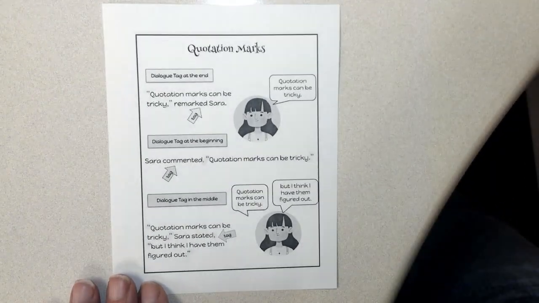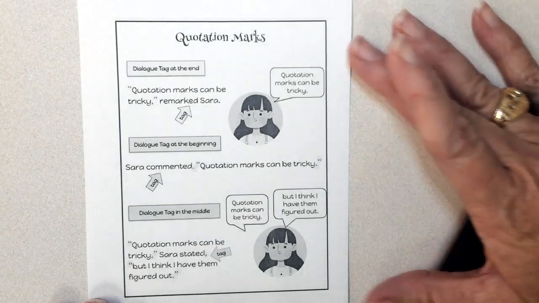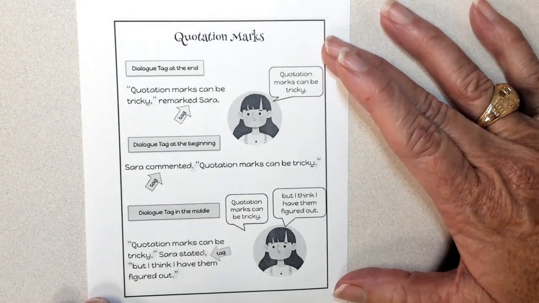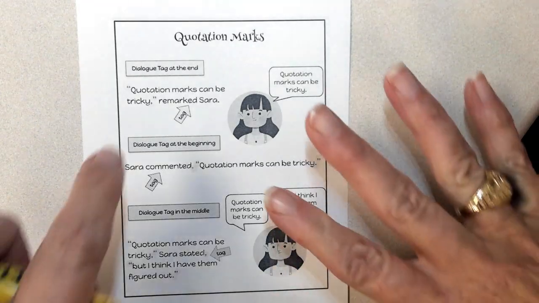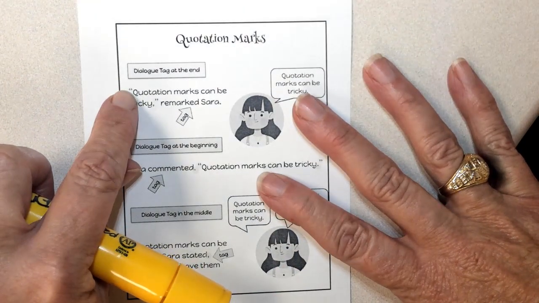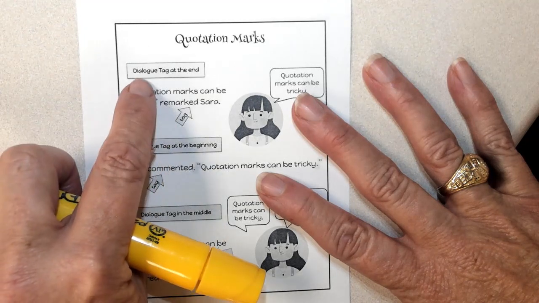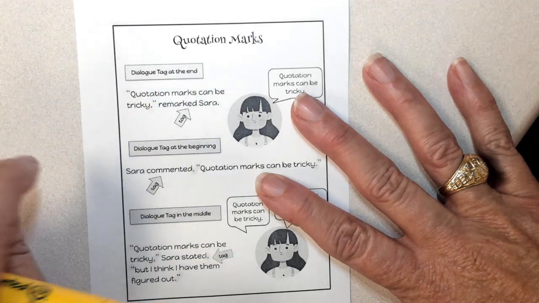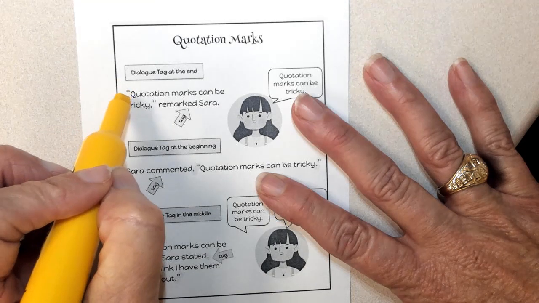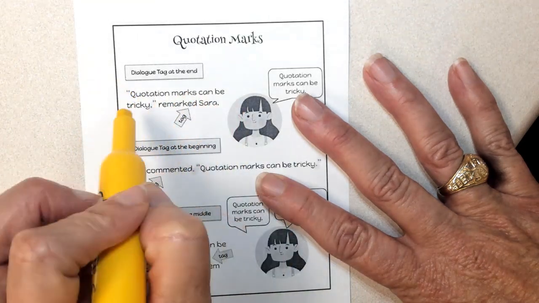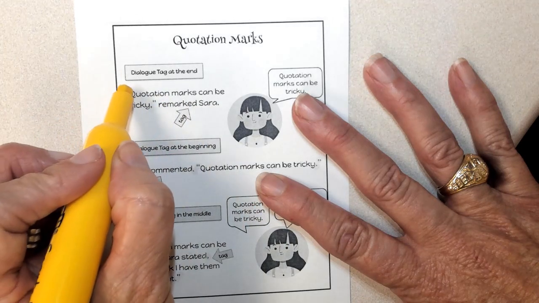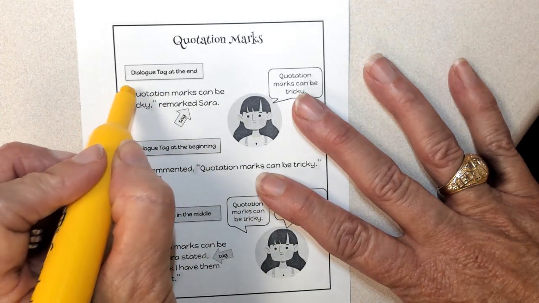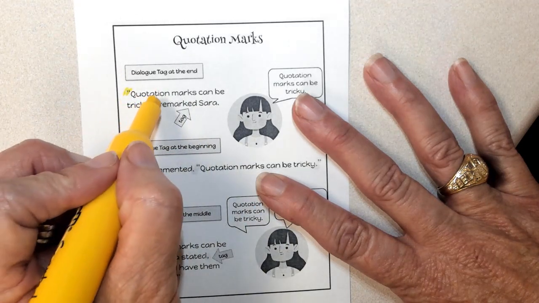So I'm going to zoom in just a little bit because it's about quotation marks. So quotation marks are at the very beginning and the dialogue tag at the end. So for this example, we have "Quotation marks can be tricky," remarked Sarah. So the quotation marks are going to be right here at the front, telling us what that is.